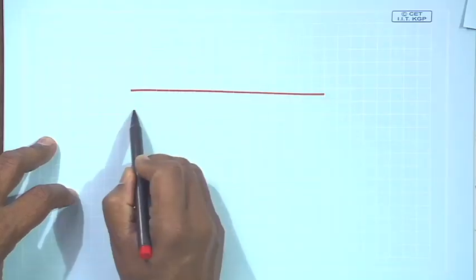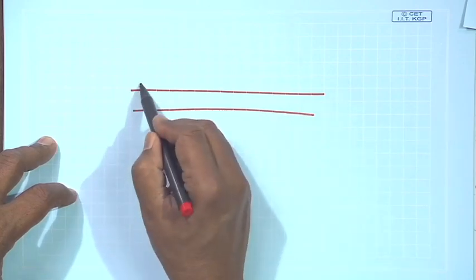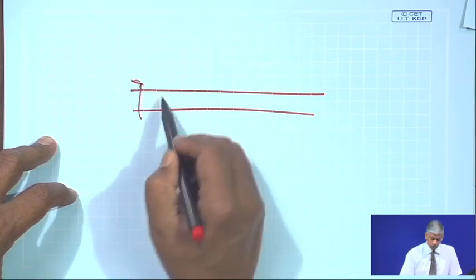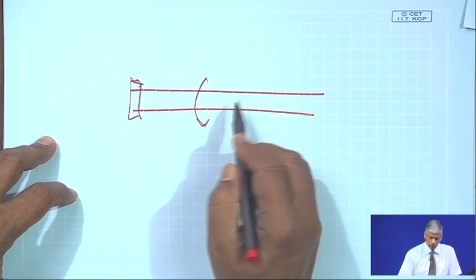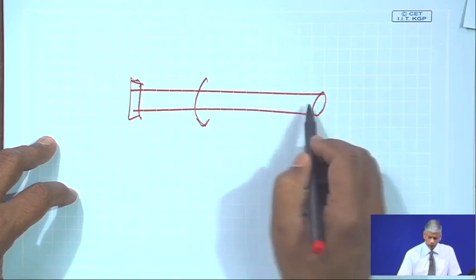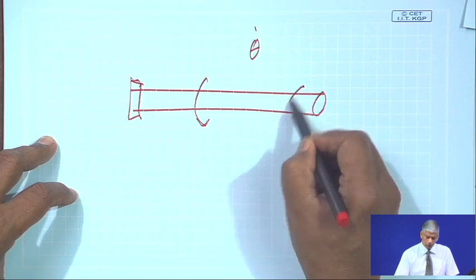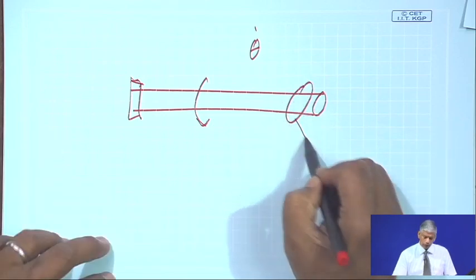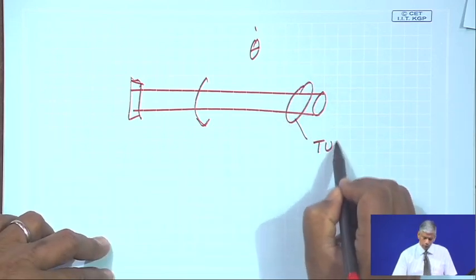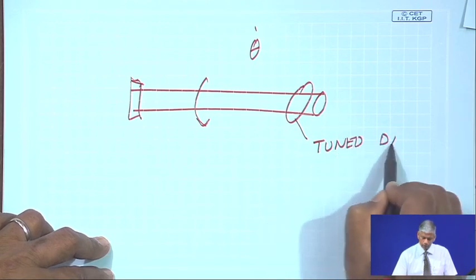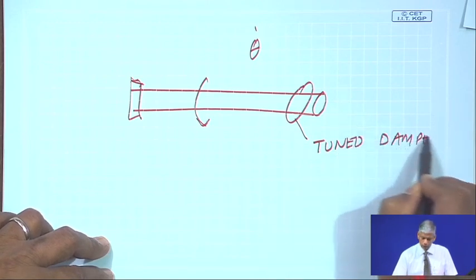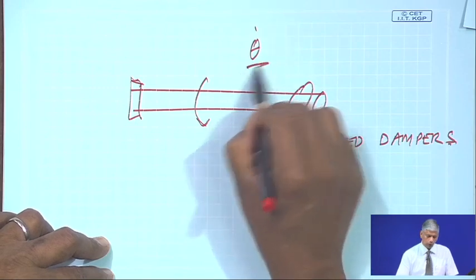Many a times in torsional systems, particularly in drive lines of vehicles, when there are excessive torsional vibrations, theta or theta double dot, people have attached torsional tuned dampers always as a fix to reduce this theta dot.